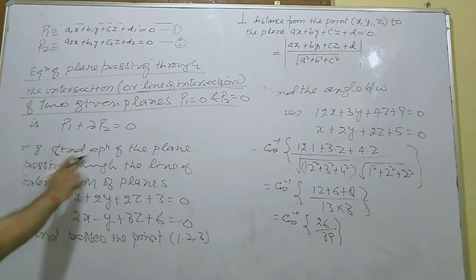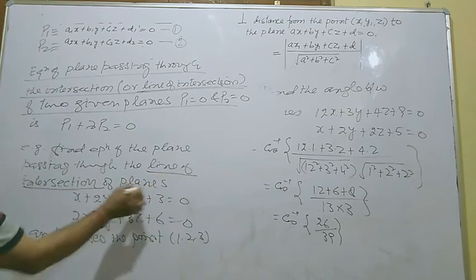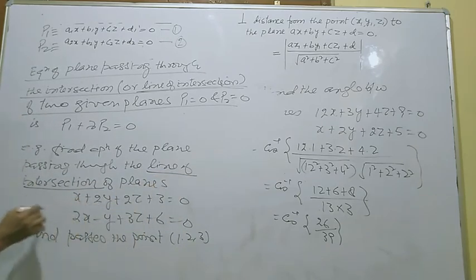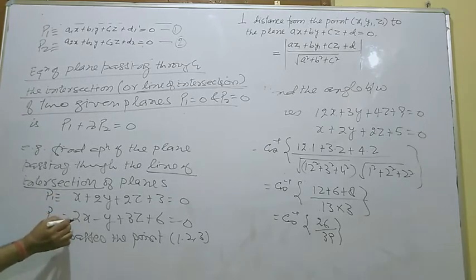The equation of the plane passing through the intersection of two planes, that is the line of intersection of two planes, we write as P1, P2, since the right-hand side in both cases is 0.